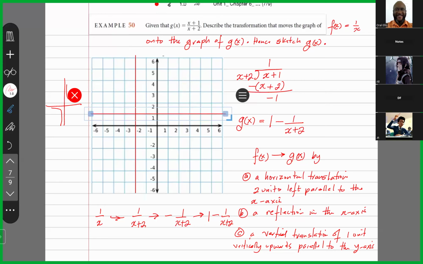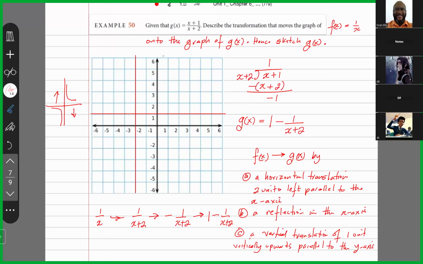All right. And lastly, you're going to reflect in the x-axis. So the part of the graph that is above the x-axis is going to come below the x-axis, and the part that is below is going to go above the x-axis. So we're going to have something looking like this.